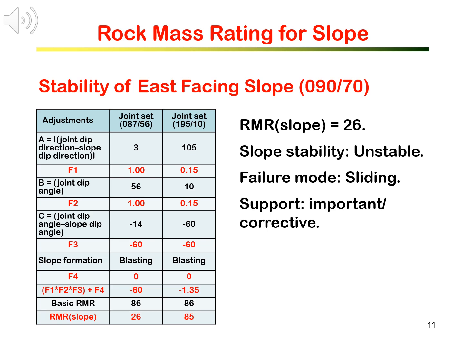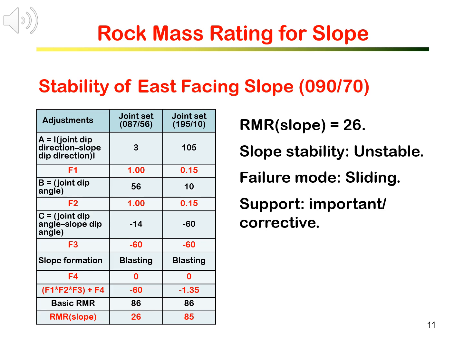Row C deals with joint dip angle minus slope dip angle. That is 56 minus 70, which gives minus 14. From the adjustment table in slide 7, we get minus 60. F4 is 0 because it is normal blasting.